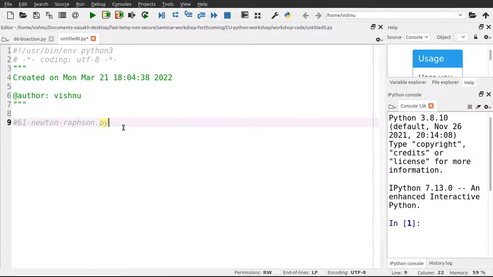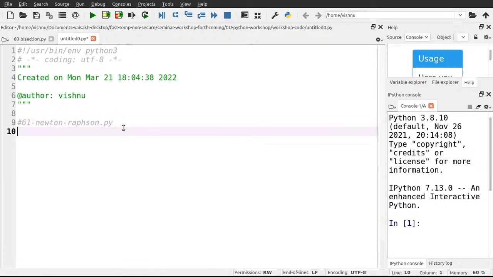We are into our 61st program, the Newton-Raphson method. As I said, even here we are supposed to start with some approximate solution, but it need not be a close solution or anything like that. We can start somewhere, and after that we can proceed to the actual solution.